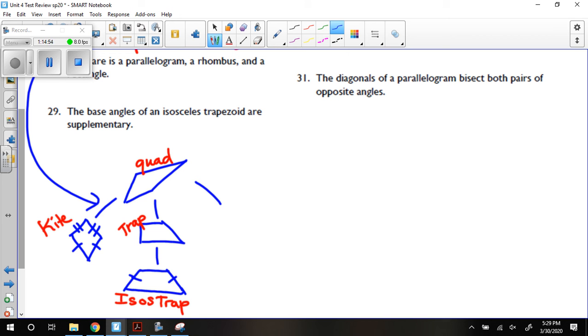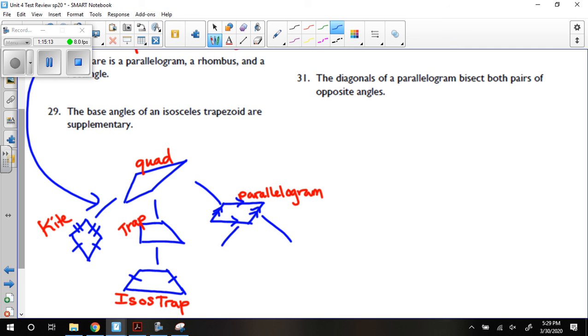And then we had this third branch, which had a parallelogram, which has opposite sides parallel here, so I'll put my little arrows.